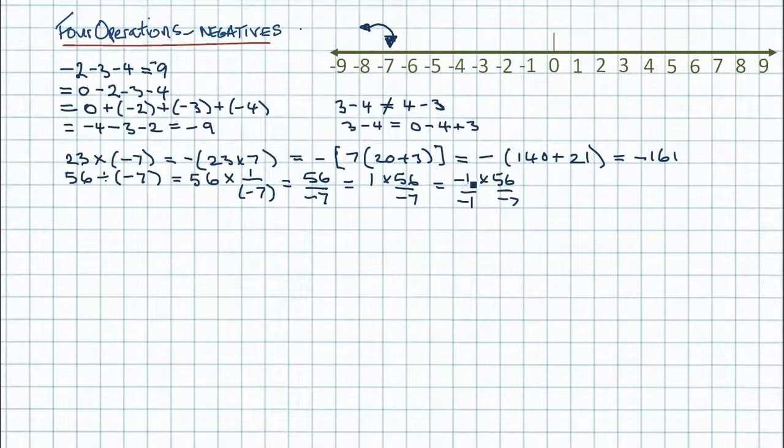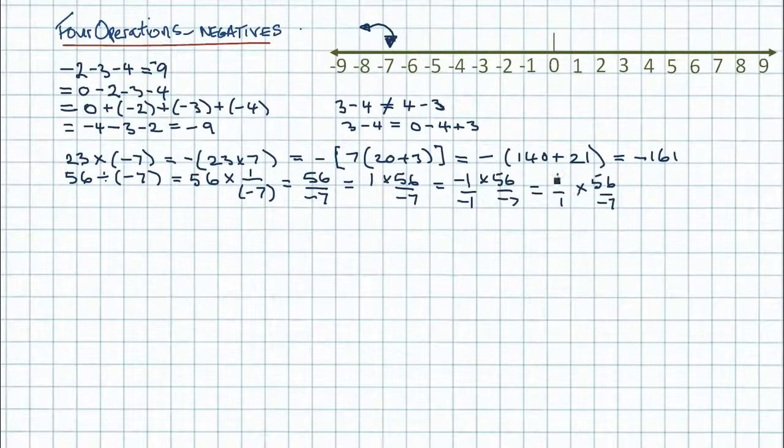Okay? And that's because 1 divided by a negative gives us a negative. 1 multiplied by negative 1 would give us a negative. So it must be that a negative divided by a negative simply cancels the negative. We end up with 1 divided by 1 times 56 divided by negative 7.